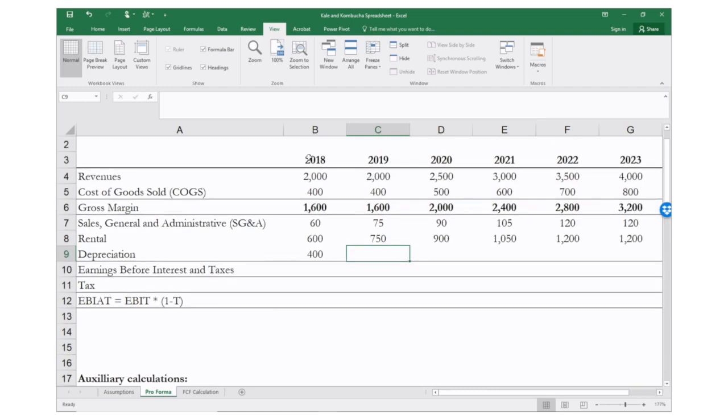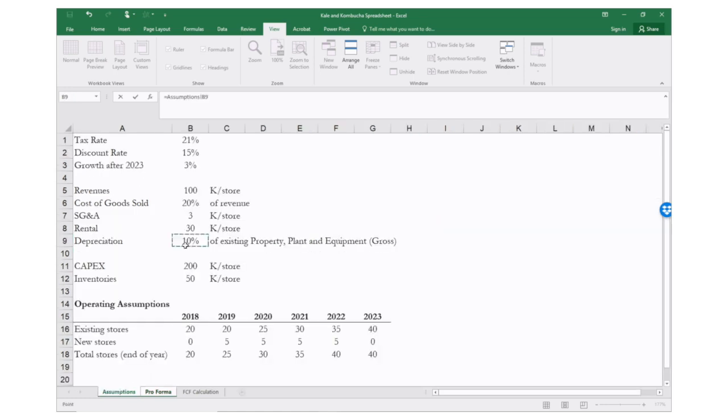But let me go to 2019 and ask, so how much is the depreciation that I have in that year? So how much am I recognizing as a cost related to the capital expenditures that I've made in the past? Well, if I go to assumptions, you will see that the depreciation is 10% of the existing property, plant, and equipment. That rate never changes, so I will fix that number again.